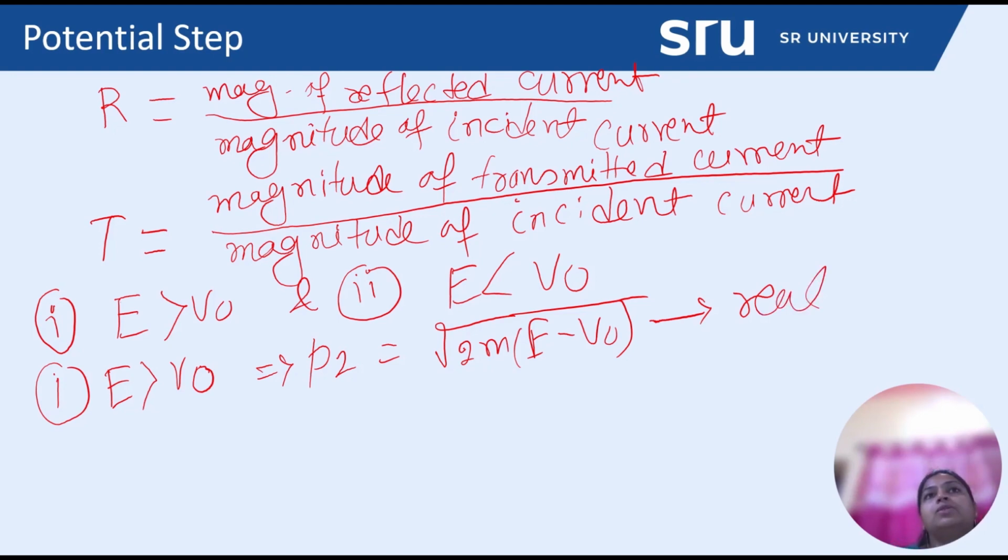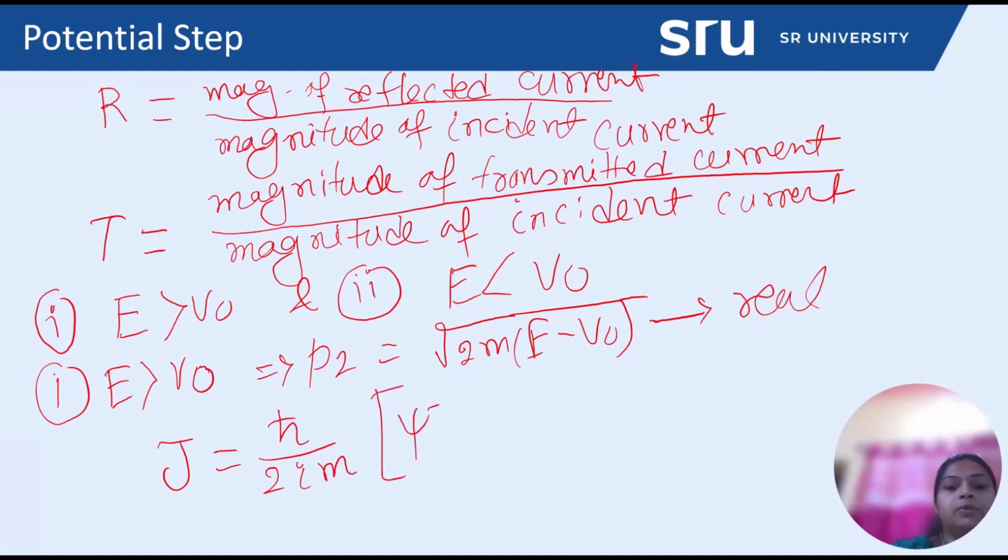So now let's derive the expression for the current density in both regions 1 and 2. So we know the probability current J is basically h cut by 2 i m times (psi star del psi minus psi del psi star).